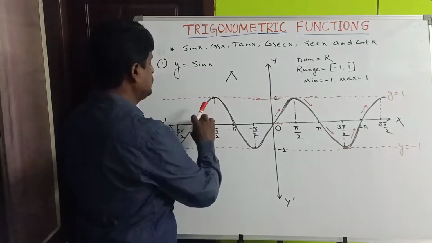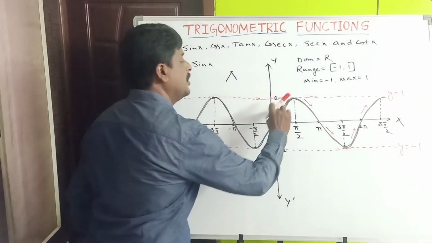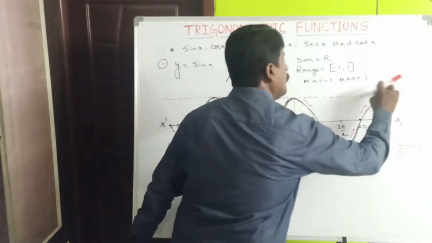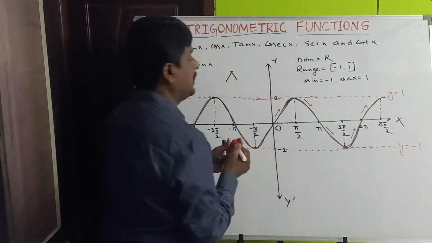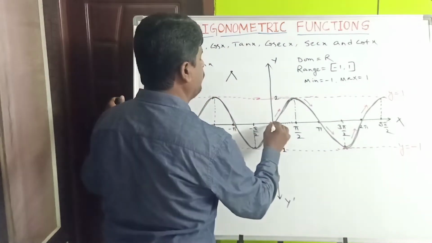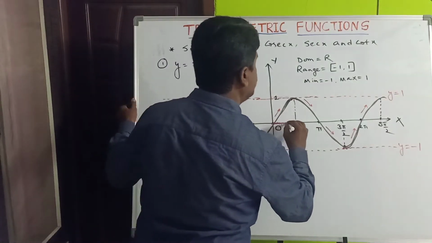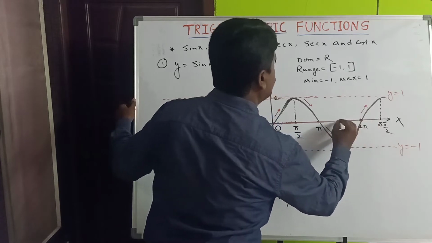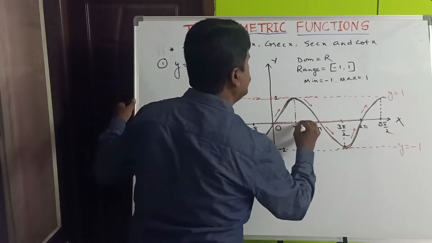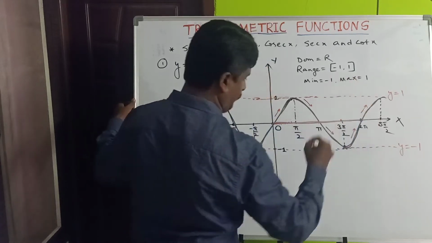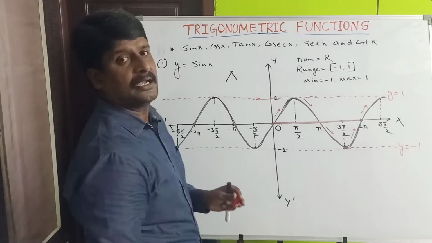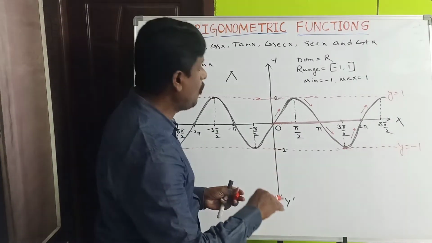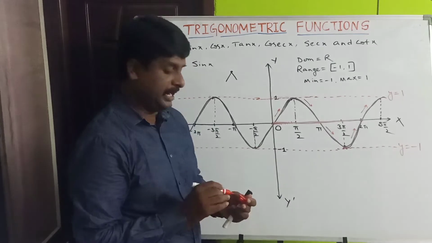Here also we get one upward, one downward, one upward, one downward, one upward, one downward. But one upward, one downward from where to where? 0 to 2 pi. The graph is repeating every interval of length 2 pi.